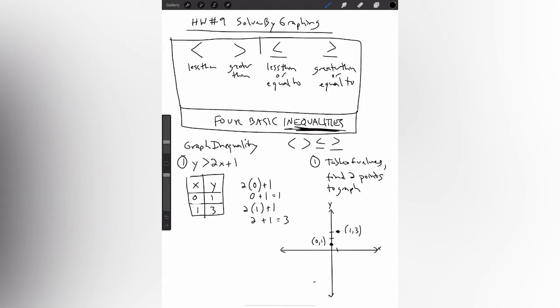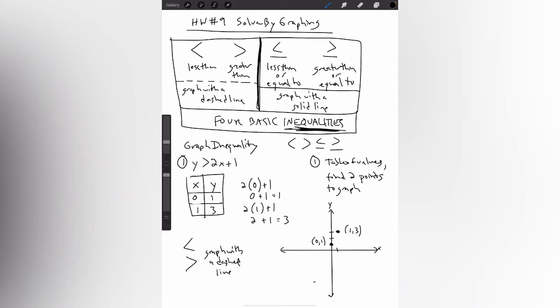Whenever you're dealing with less than or greater than, you're going to graph with a dashed line, and it looks like this. Whenever it's less than or equal to or greater than or equal to, we're going to graph with a solid line. Then you draw your line like that.